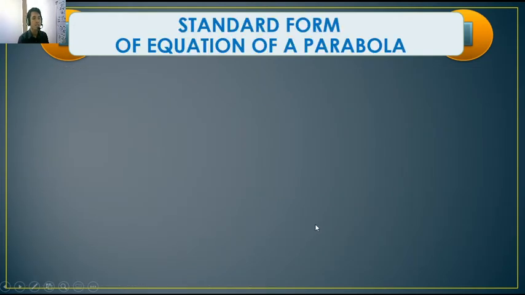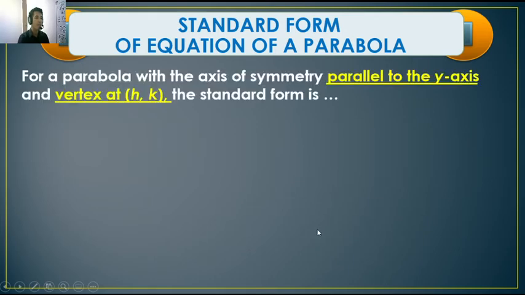Now let's proceed to the standard form equation of a parabola. For a parabola with the axis of symmetry parallel to the y-axis and vertex at (h, k), the standard form is... because we all know in parabola there are many orientations, so we look for the orientation of the parabola. The standard form depends on the orientation of the parabola.